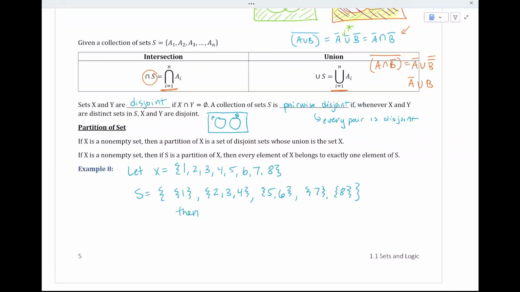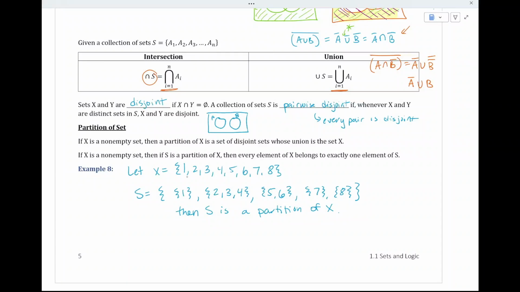So now we can see that S is a partition of X. Because if we unite all of the sets within S, we arrive back at X. Every element that's in X is in one of the sets within S.